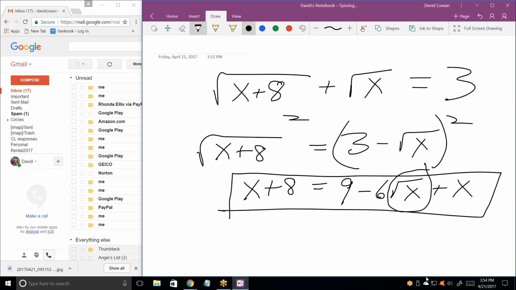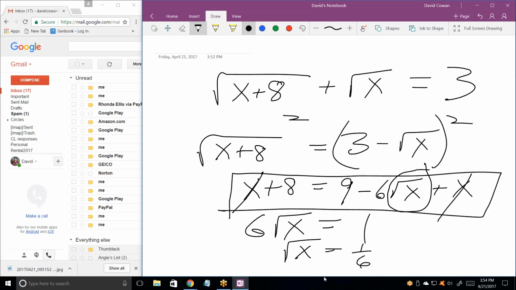So I'm going to isolate it and move everything else to the other side. Well, first of all, I can cancel out those x's. That was kind of accidental. I didn't intend that. So I'm going to end up with a positive 6 root x equals 1. Yep. So root x equals 1/6. Now I square both sides again, and I get x equals 1 over 36.